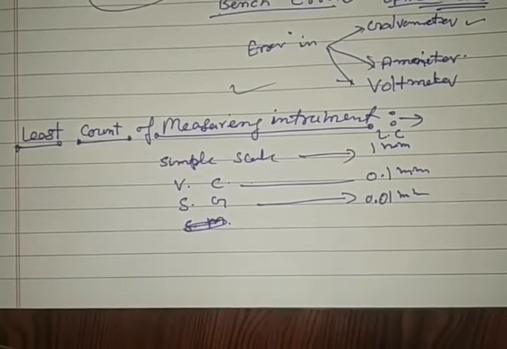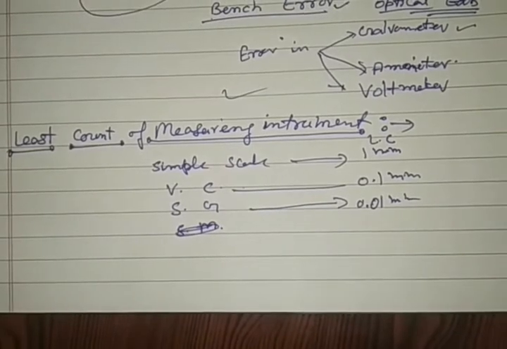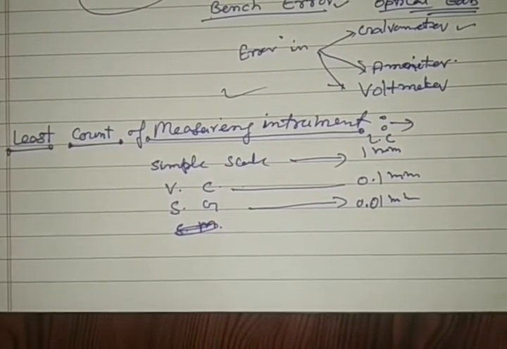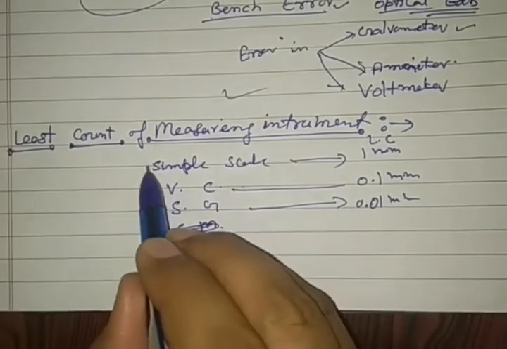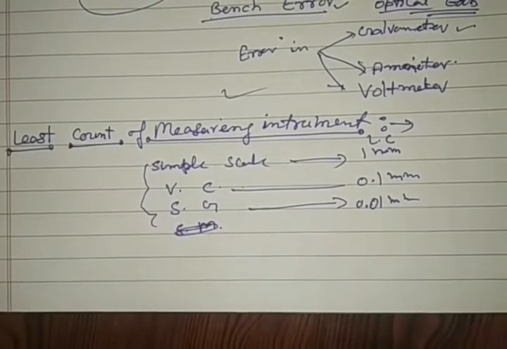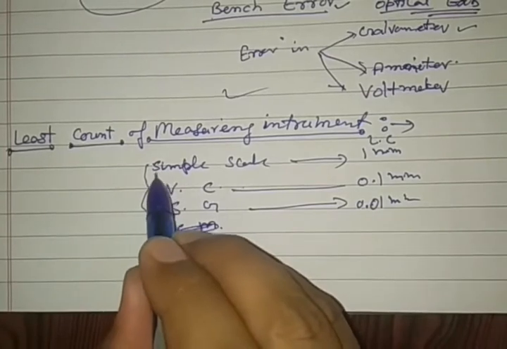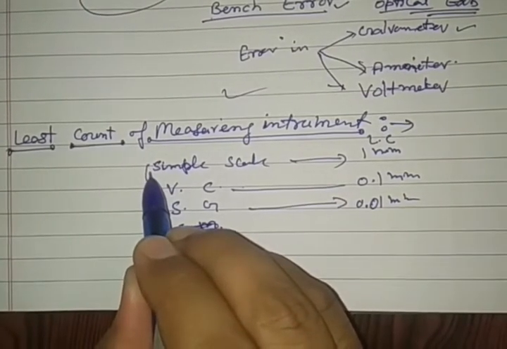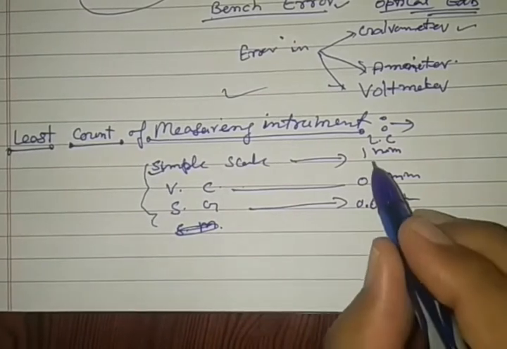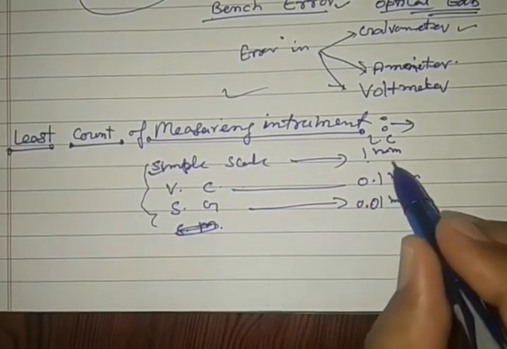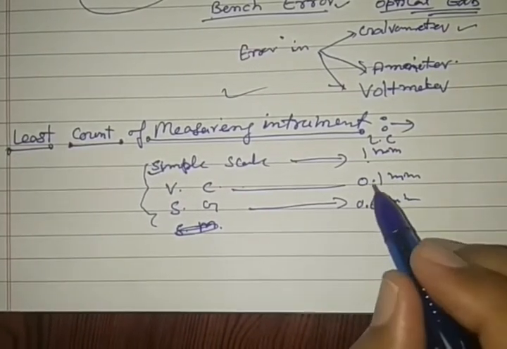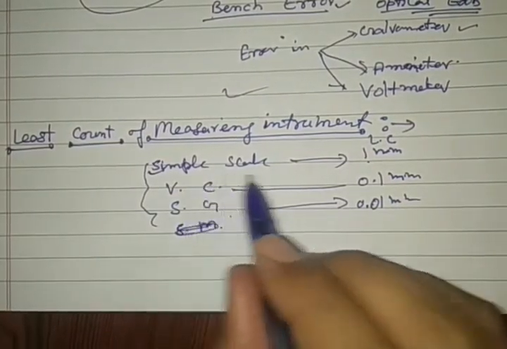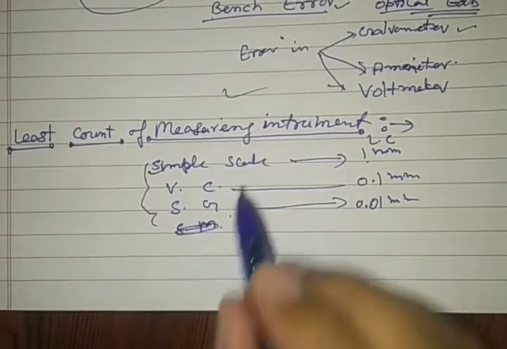If the least count is more, then the uncertainty in the measurement is more, so the error is more. Among these three measuring instruments, if we take a measurement with a simple scale, which has a least count of 1 millimeter, then in comparison to the vernier calipers and screw gauge, the maximum possible error is in the simple scale.